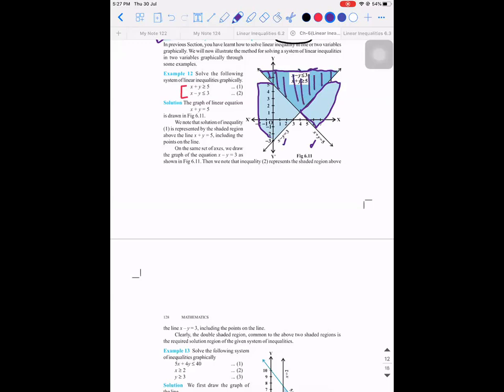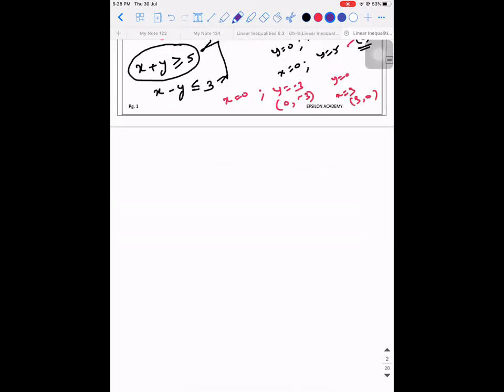This is the solution for both the equations. Are you guys able to understand what we are supposed to do? So treat them as individual problems and shade them. There will be one particular region which is common to both. That particular region will be the solution. Okay, sir. That's what you need to do, nothing else.